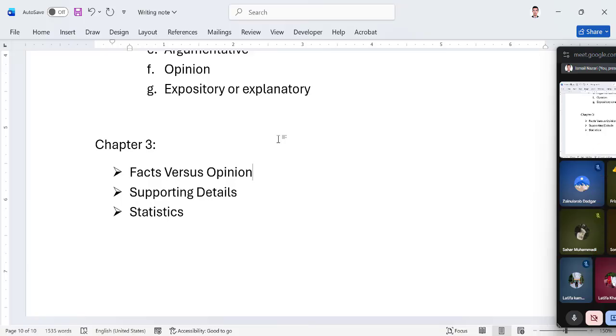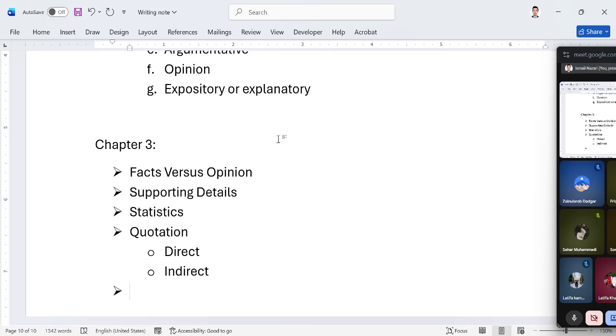So basically, the main focus would go on these three main topics. And beside statistics, it focuses on quotation, direct quotation, indirect quotation, how to change the direct quotation to indirect quotation. These are things that you can study by yourself.